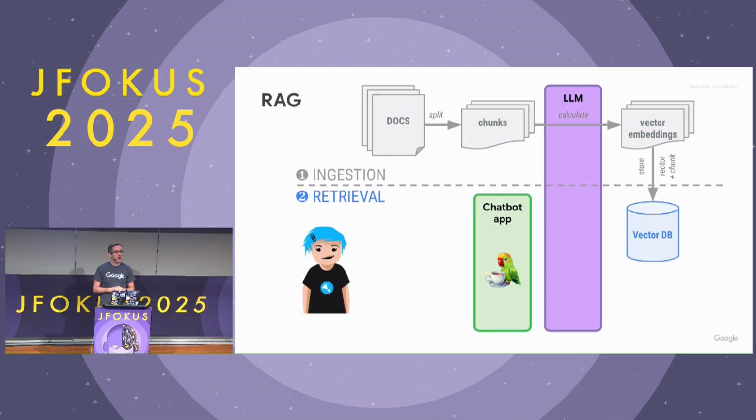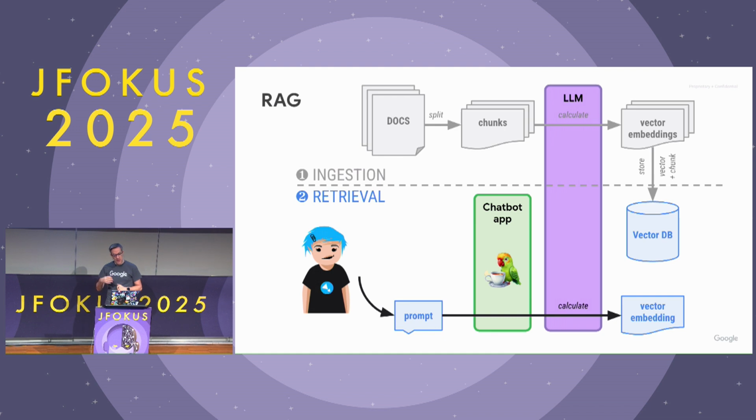Then comes the retrieval part, where you have your user and the chatbot app. It doesn't have to be a chatbot, it can be something else, but let's say it's a chatbot app. The user asks a question, it goes through your app, and we calculate vector embeddings, just like we did for the chunks of text. And we look for similar vectors in the vector database.